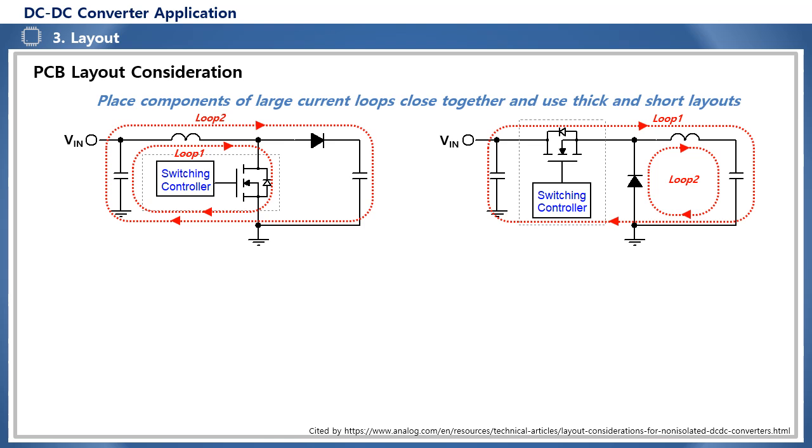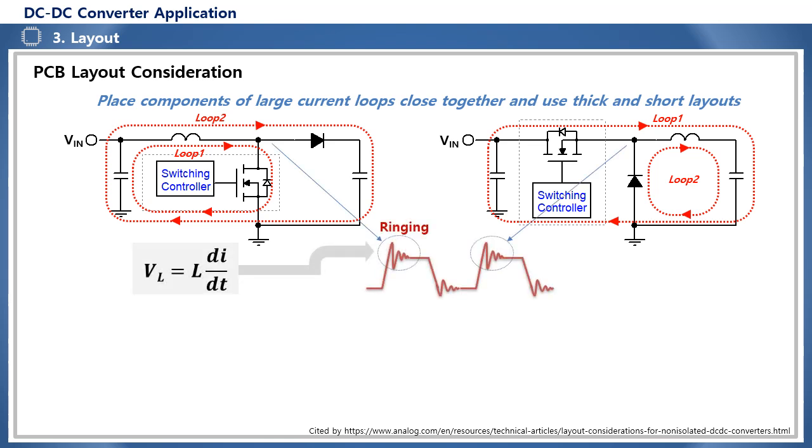It shows a large current loop according to the on-off of the boost and buck MOSFETs. The components in this loop should be placed adjacent to each other, and the PCB pattern should be thick and short to minimize parasitic inductance on the pattern.